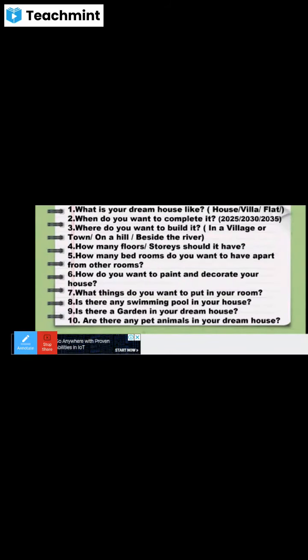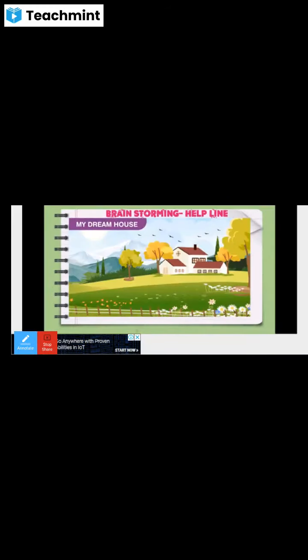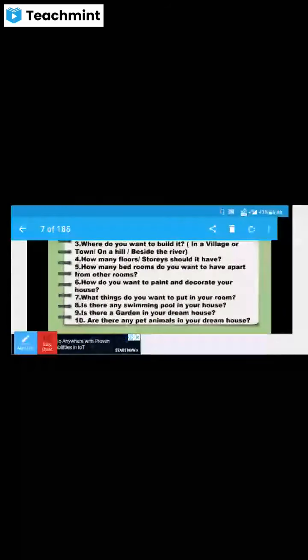Is there a swimming pool in your dream house? Is there a garden in your dream house? You can already see in this picture, it's a garden.